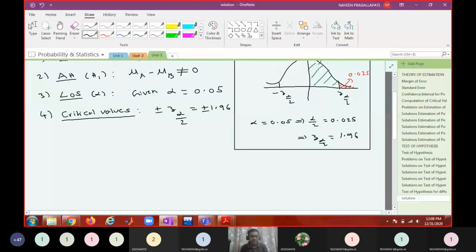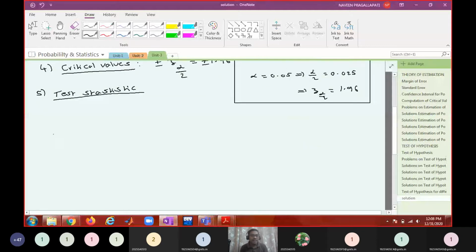The test statistic formula: Z star equals XA bar minus XB bar minus mu of XA bar minus XB bar, divided by sigma of XA bar minus XB bar. If you write it like this instead of directly writing the formula, it will be nice.